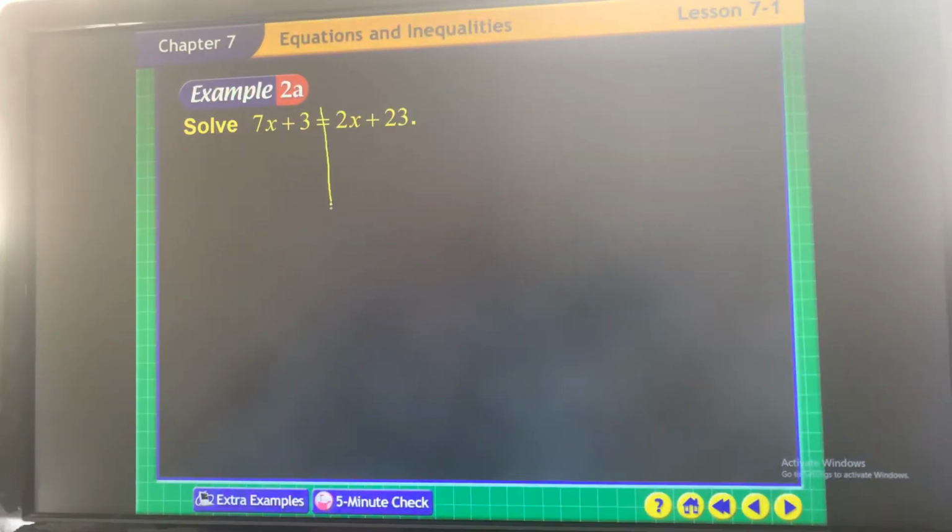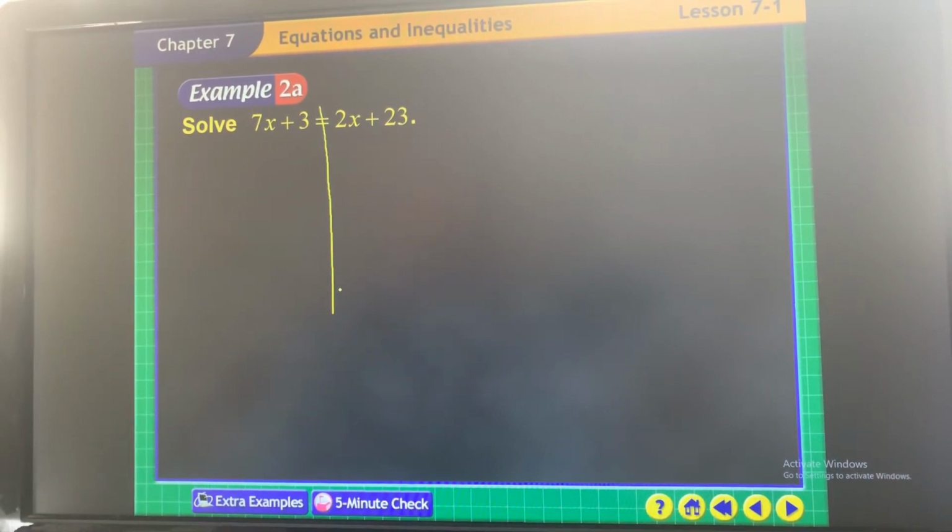All right, now I have it on both sides. So again, completely up to you. I always try to avoid negatives whenever possible. So I'm going to move this x over here to the right side, so that it's gathered on the right side like that, and I get 5x plus 3 equals 23, because remember, this was additive inverse, makes 0.